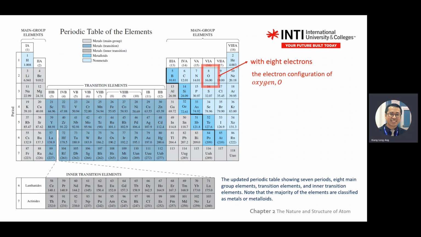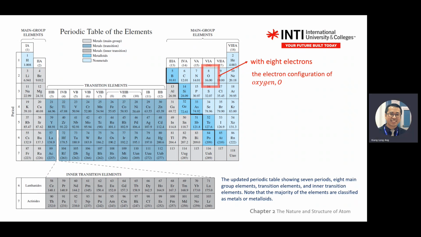We have 3, it means n is 3. So for oxygen, it falls under, sorry, not column, row number 2. So n is 2. You calculate the maximum number of electrons: 2 square is 4, 4 multiplied by 2 is 8. Or you can look at the number 8 here.